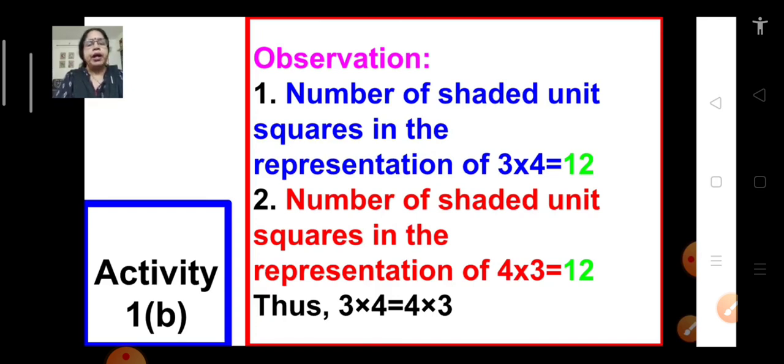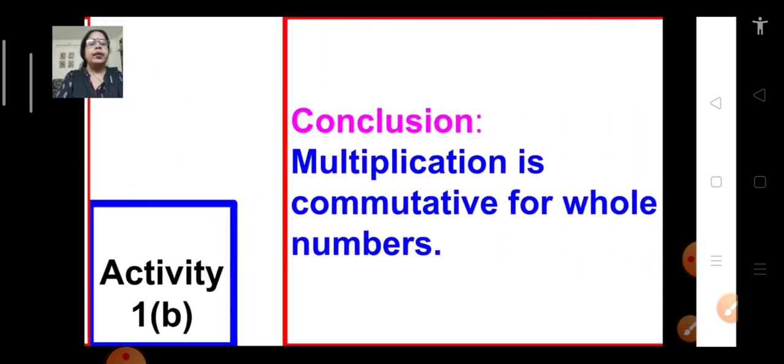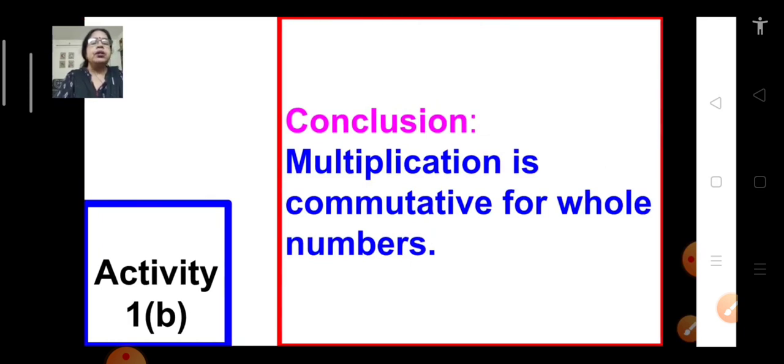Thus 3 multiplied by 4 is equal to 4 multiplied by 3. So what is the conclusion? The conclusion is multiplication is commutative for whole numbers.